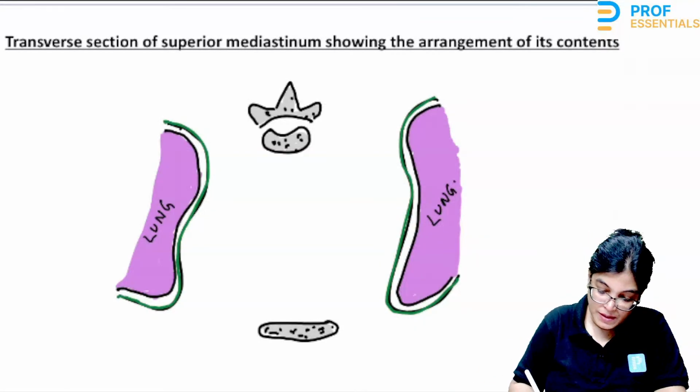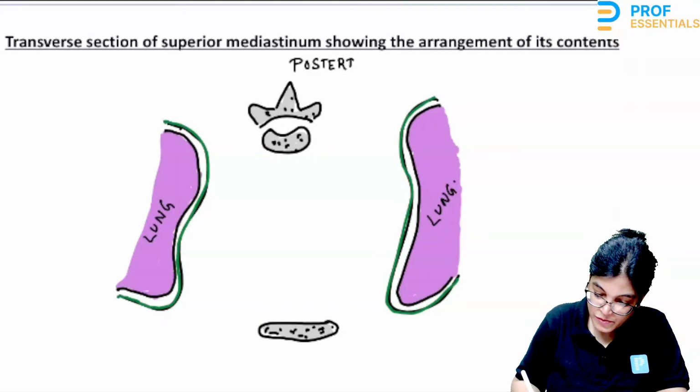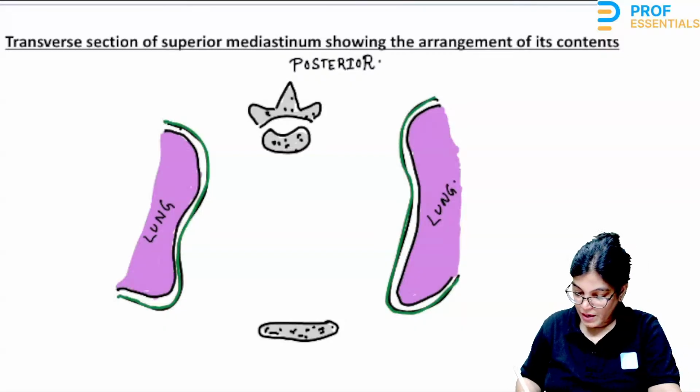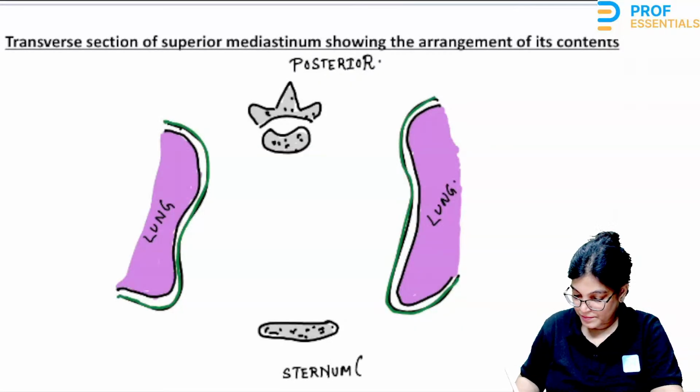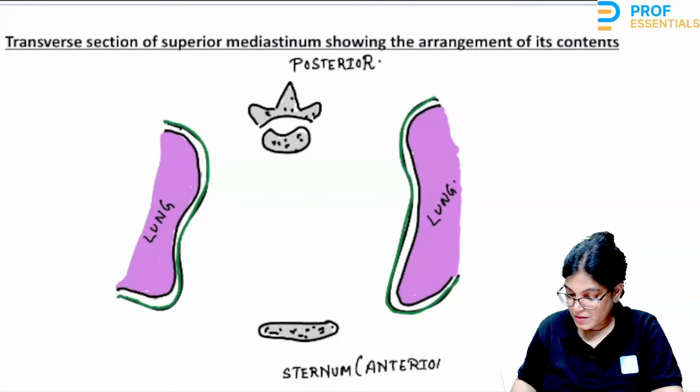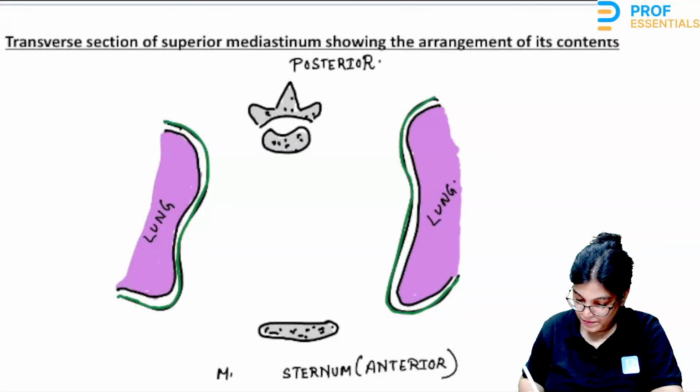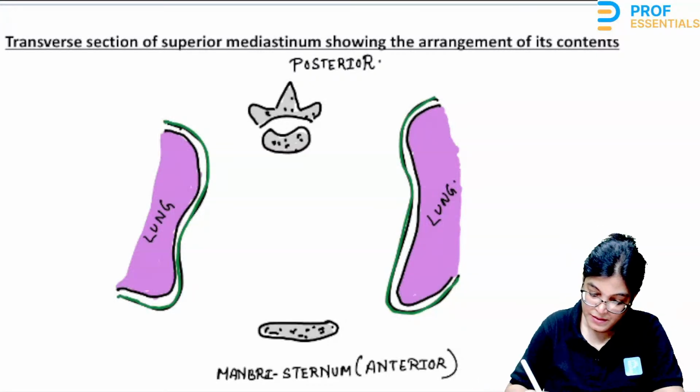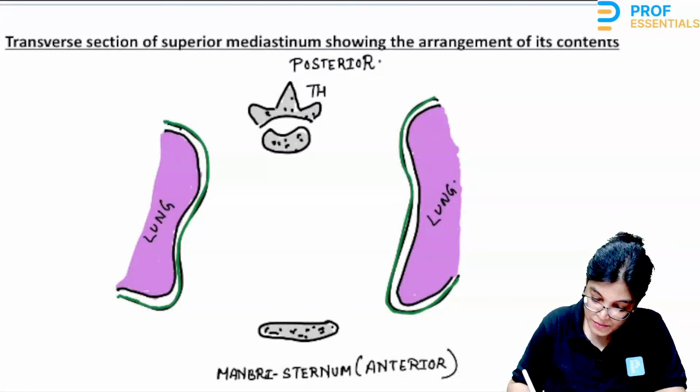This is the posterior aspect, and how do you know it is posterior? Because it has the thoracic vertebra, and this is the sternum, so it is the anterior aspect. This is the manubrium sterni, and this is the thoracic vertebra.